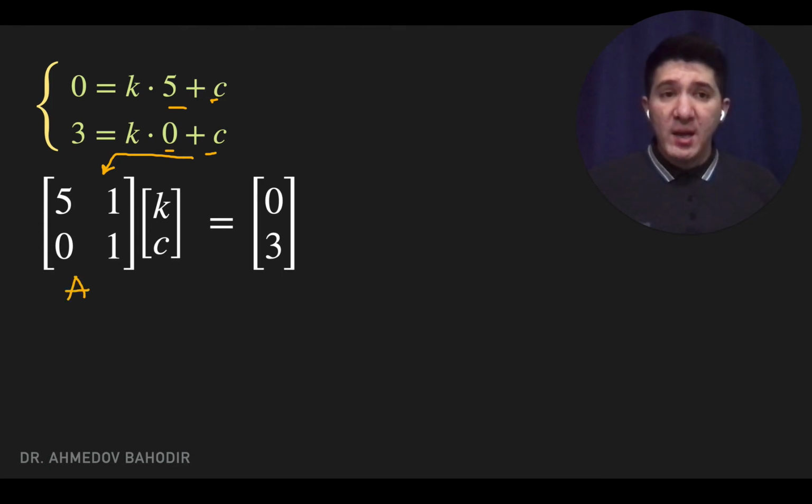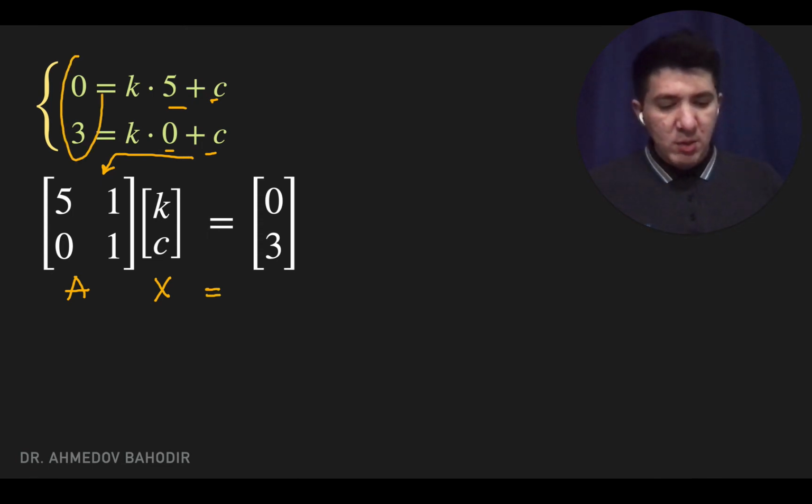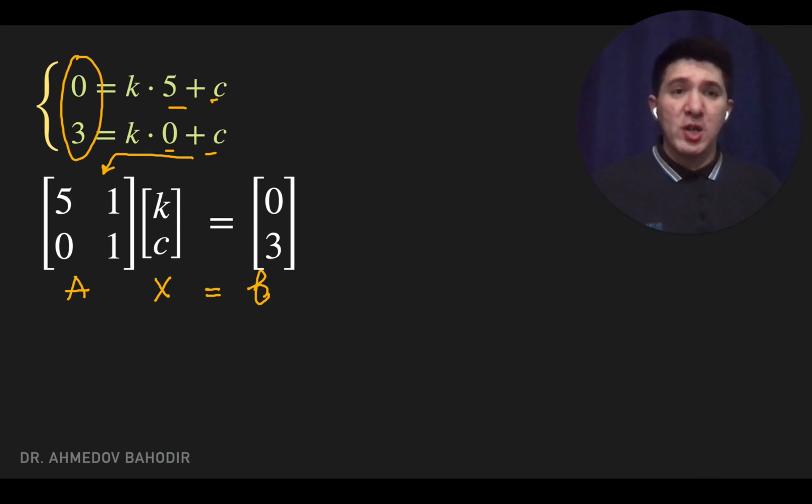The unknowns are going to be copied to this vector x, the unknown vector x. And the right-hand side vector is going to be constructed using the numbers from the right-hand side, which is going to be denoted as b. Solving this matrix equation is equivalent to solving the system.